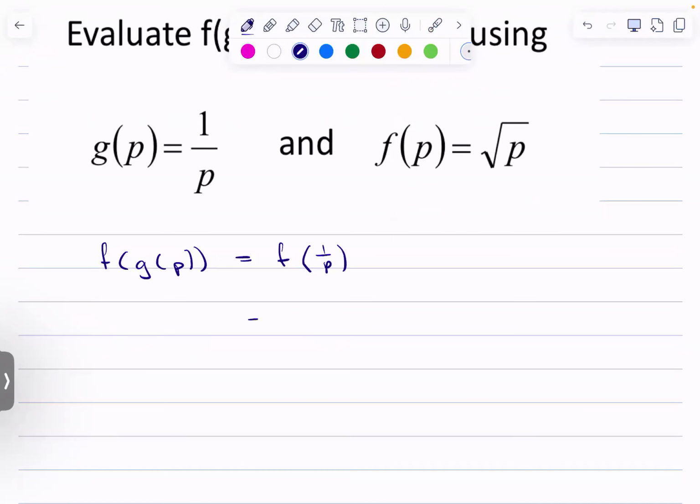Looking like this. Oops. My square roots aren't looking very good. The root of 1 over p. Nice.